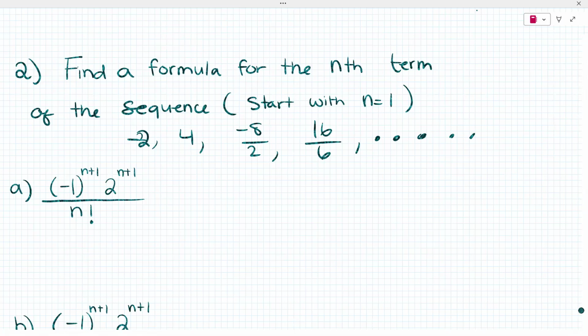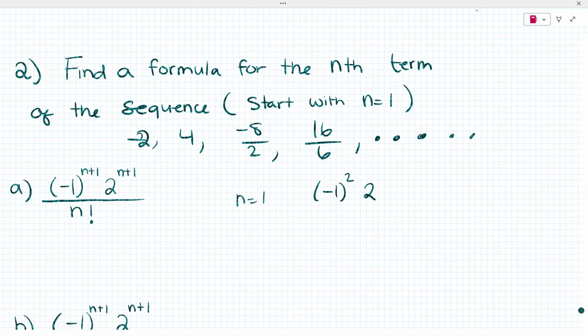It says start with n equals 1, so let's see if that works. Let's test each choice, starting with n equals 1. This would be -1, and then replace n with 1, so 1 plus 1 is 2.